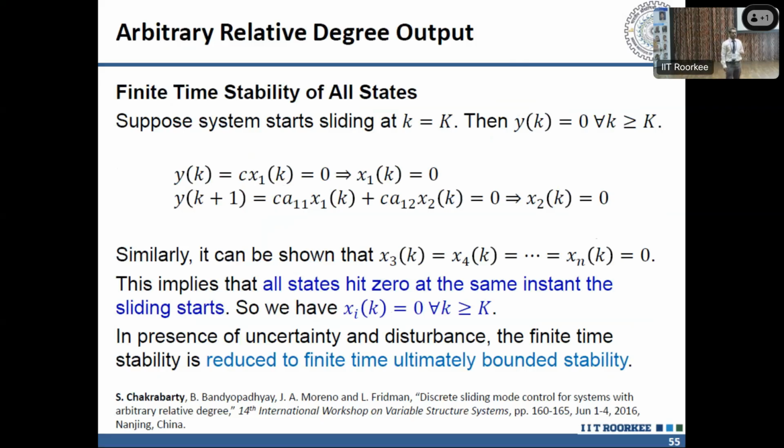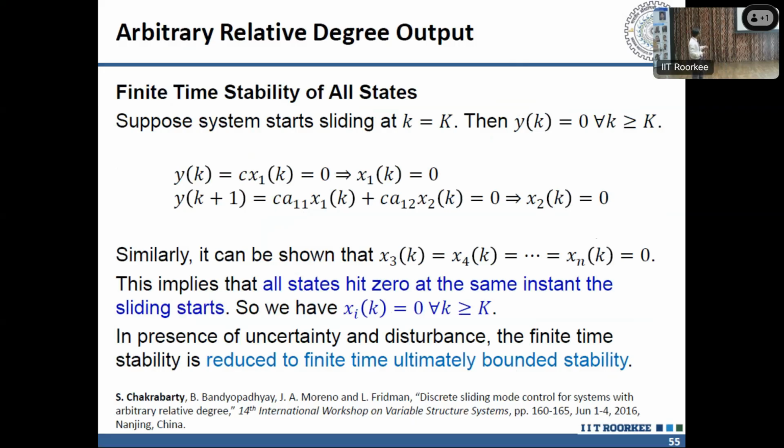And the kth instant is not k plus 1th instant or something. So that means that for this lower Hessenberg form of systems, if the output is simply your x1k, you have a relative degree n output now. And if you are able to slide on x1k, that is the output, you are making all the states 0 at the same time. Obviously, in presence of disturbance uncertainty, this finite time stability will be in the bounded manner, bounded state.